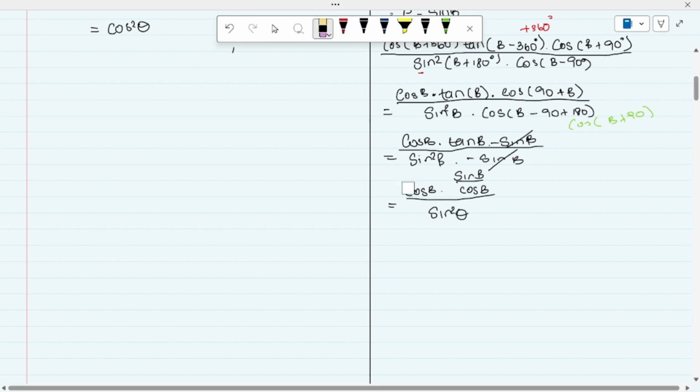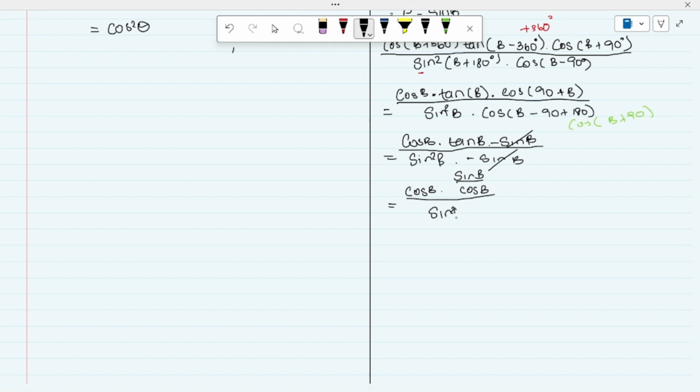I'm writing theta now. Alright, so these two are going to cancel each other out because this one is a denominator, and this one is a numerator. Alright, so you're going to be left with sine beta over sine squared beta.